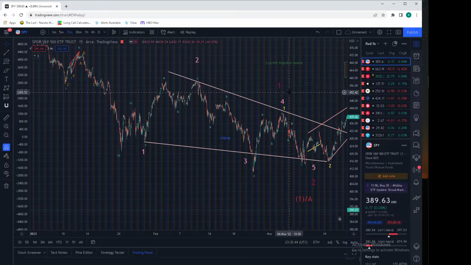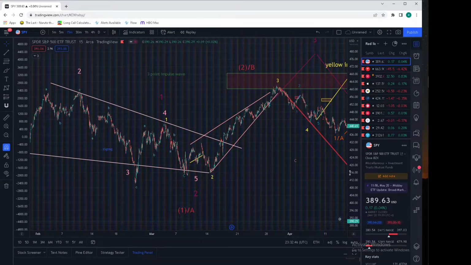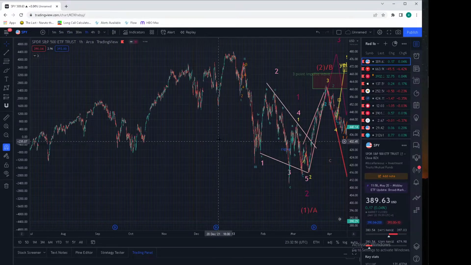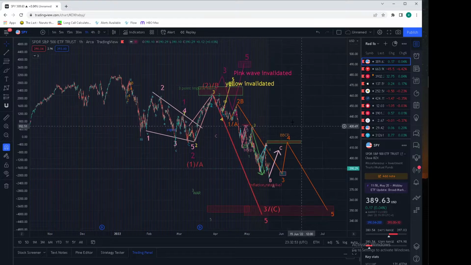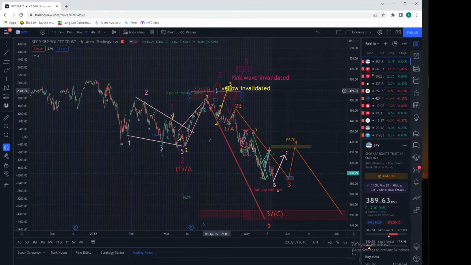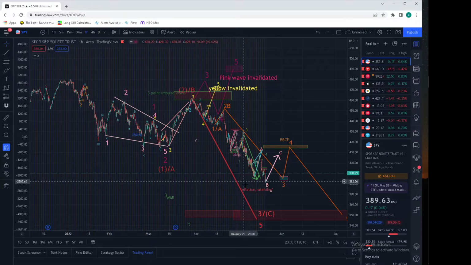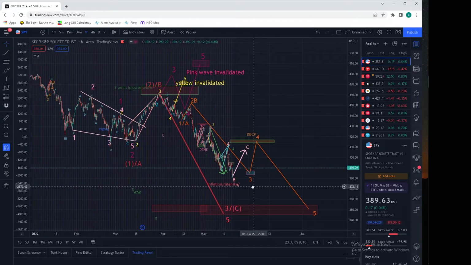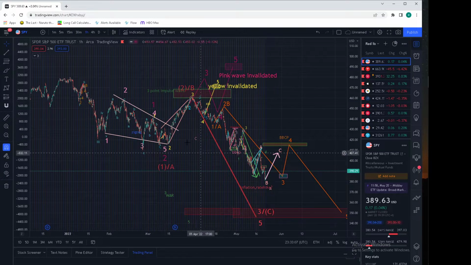Now, this pattern here, I drew this out 3.5 months ago. This long red, and it's been that way for a couple of months. We've just been tracking this. This is a lot to look at, I know.